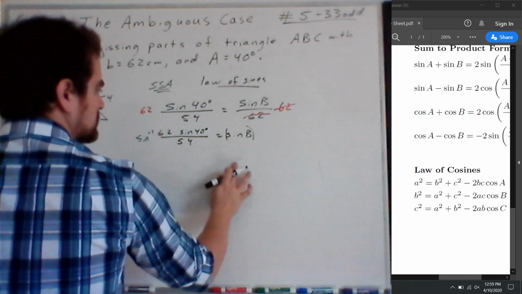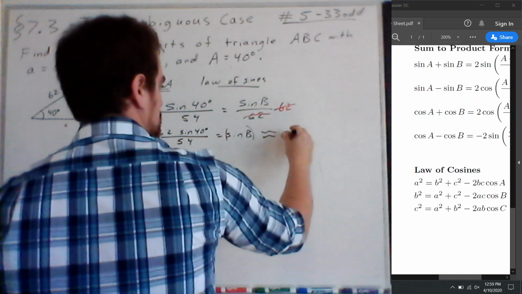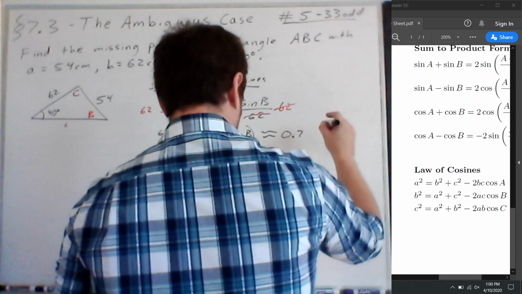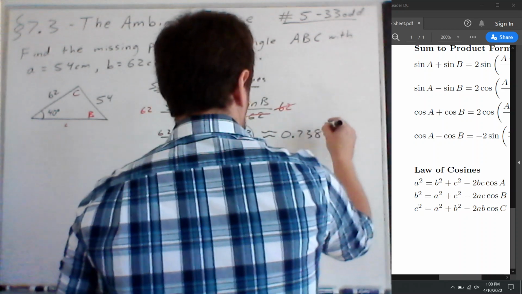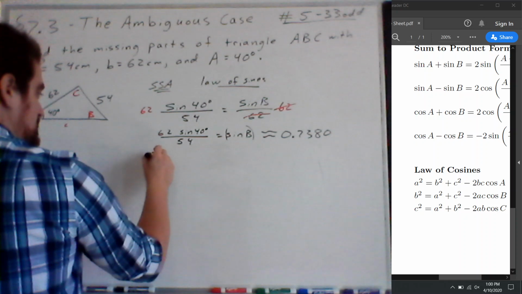Sine of B is, I'm trying to save some space here, approximately 0.7380, which is good. That means that we can actually find what B is.